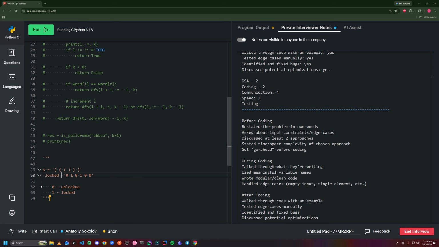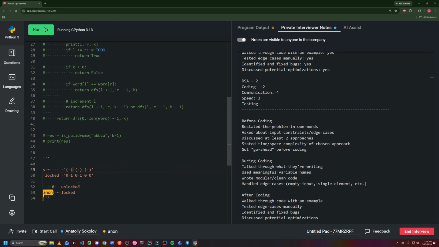What I want to figure out is, given this string and this locked string, can I make valid parentheses, changing anything I need to, but only by modifying the unlocked ones. In the first case, it's actually already done, right?